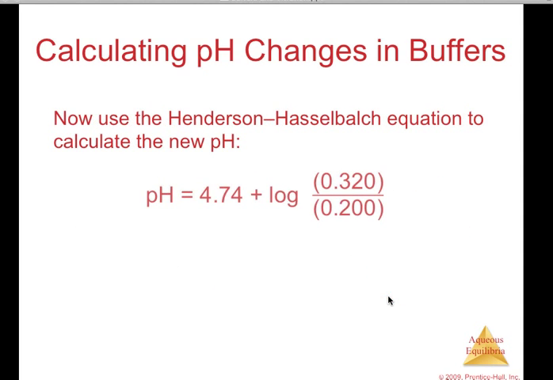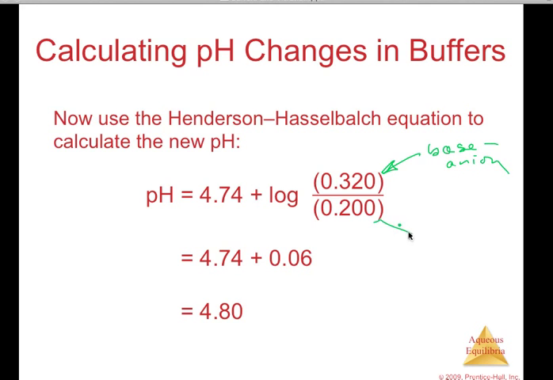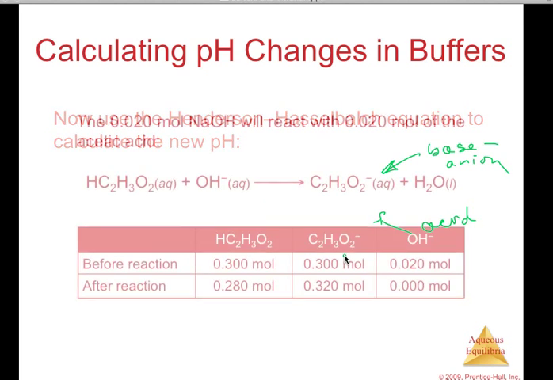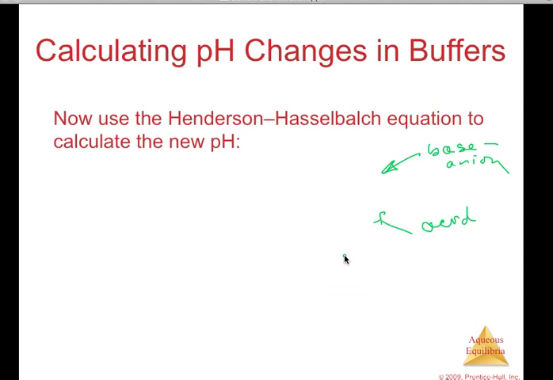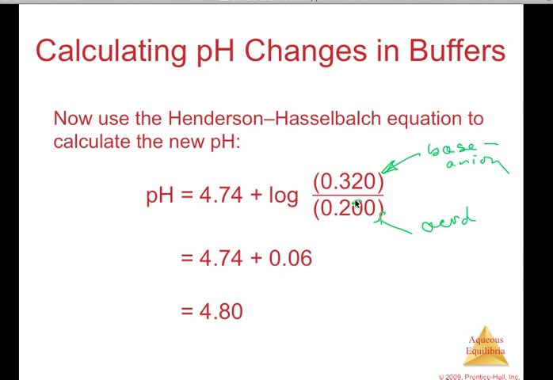So for the new Henderson-Hasselbalch, remember, we use the concentration of the base up top, which is the anion, and this is the concentration of the acid. And this should be 28.280. I'm hoping the math works out then.